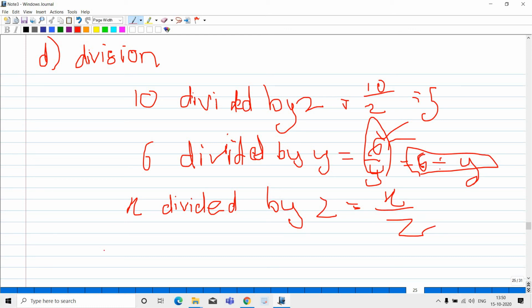You can write like this also. And now I completed the 4 mathematical operations. How they are formed on numbers and variables or literals. On numbers and literals, I completed all 4 mathematical operations in total. How will these be formed? I'm writing it lastly here.